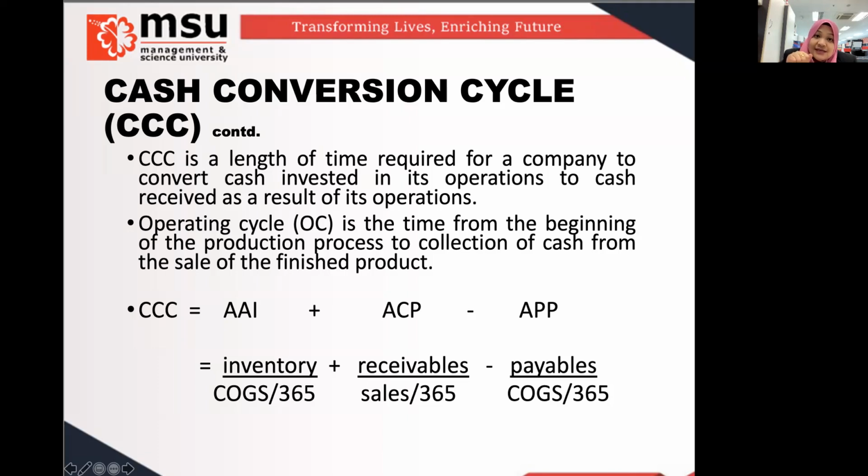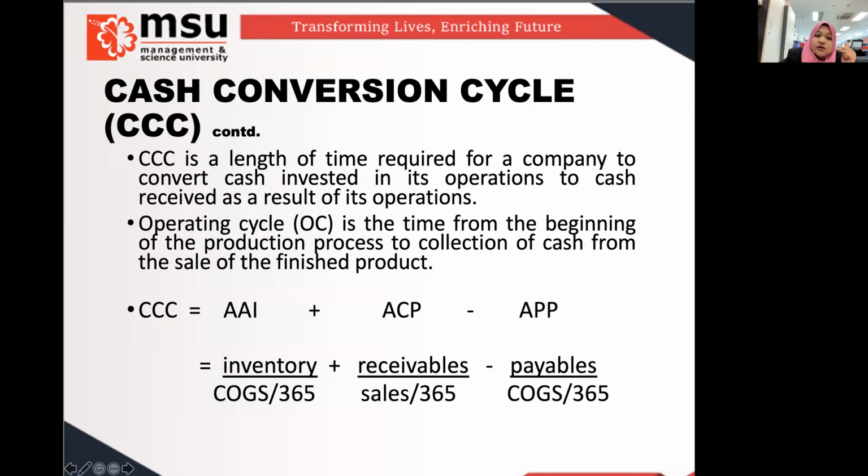You do the trading on credit. So you need to know your own duration to pay the account payable.